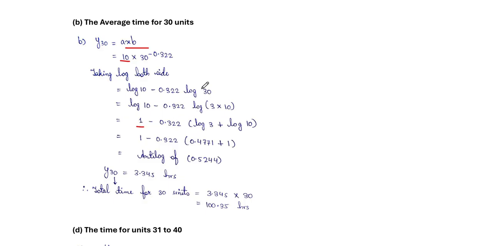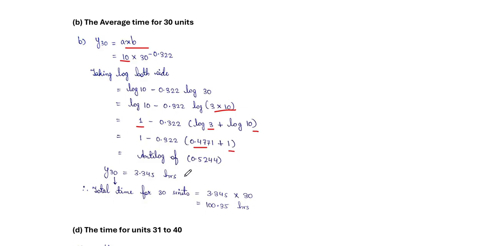Now we will split this log into addition. We will write 30 as 3 into 10, so log 3 plus log 10, and we get 1 minus 0.322 times the log 3 value. In the question it is given that log 3 is 0.4771 and the value of log 10 is 1.